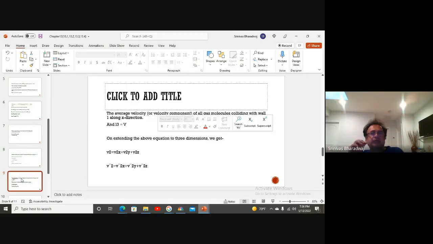So the average velocity is related to v, right?